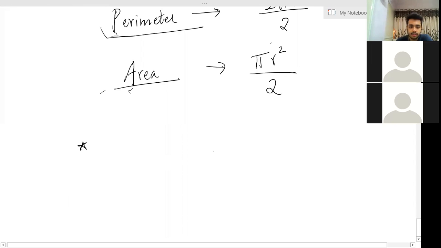Okay, the next figure we're going to see is this, where this side is the radius and this is also a radius. So which type of figure is this?